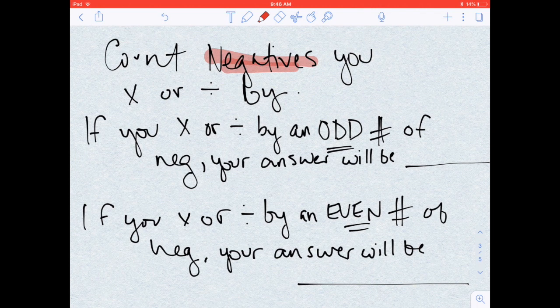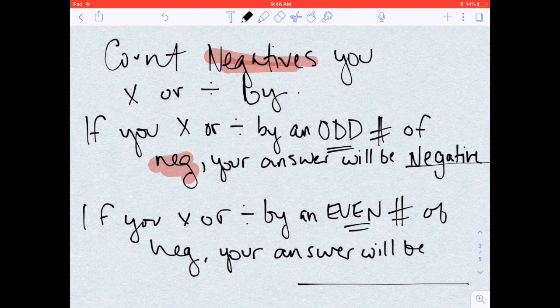What that means is if you multiply or divide by an odd number of negatives, so let's say I have two numbers and one is negative, my answer is always going to be negative.